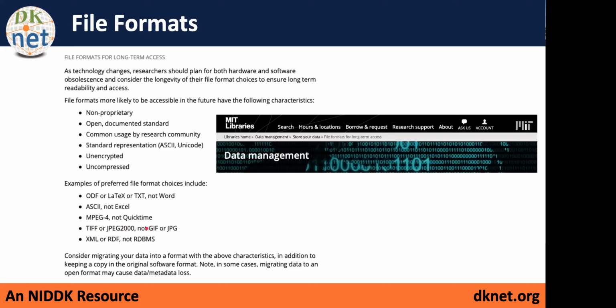GIF and JPEG are not. So if you're storing your data for long-term preservation, you want to make sure that it's uncompressed, or if it's compressed, that it's lossless. Also, that it's not encrypted, because encryption keys can be lost. So we're looking for open, non-proprietary formats so anyone can get at the data.